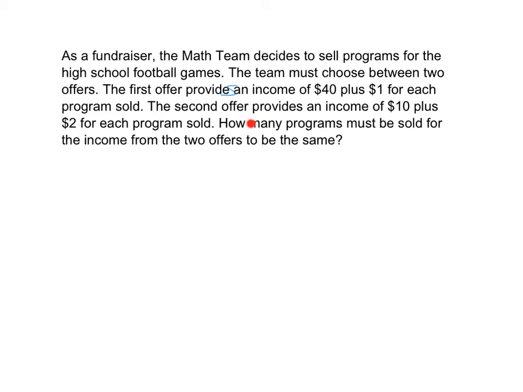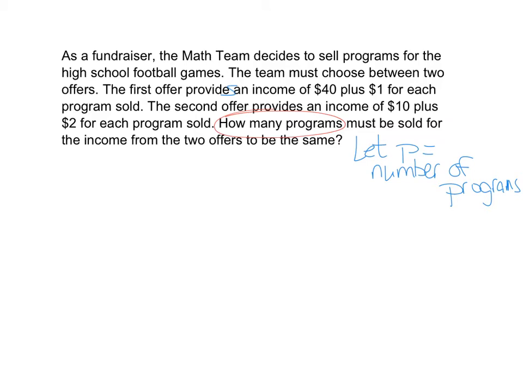So focus on the question. What are we trying to find? We're trying to find how many programs. So we need to choose a variable for programs. You can choose X. You can choose X for every one if you want. I'm going to say, though, to let P be the number of programs. Now, what do we want to know about that?